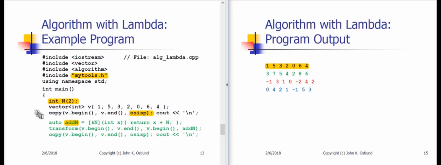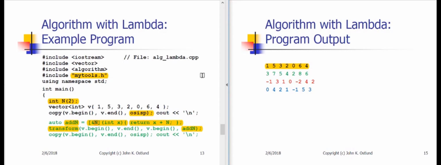Notice that in the lambda, we're capturing the local variable capital N by reference, and this lambda takes an integer argument, which we're calling x, and what this lambda will do when it's called is to simply return the argument that's been passed in plus the current value of N. Alright, so now we're going to call a transform algorithm using addN.